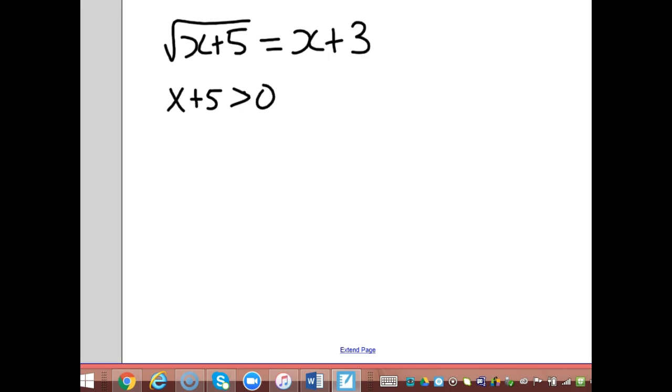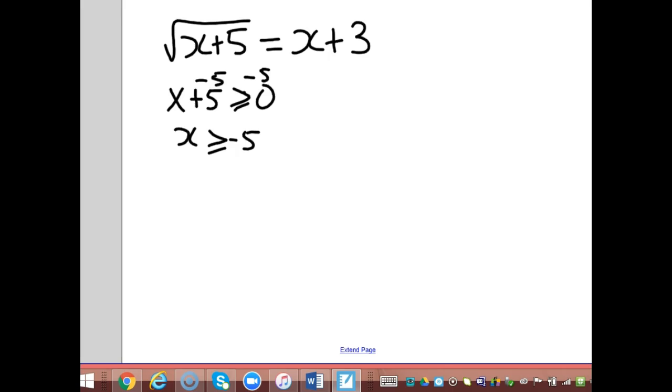Okay, so then if I solve this, I would have to say x has to be greater than or equal to -5. Okay, because if I put -5 in there, -5 plus 5 is 0, and that's okay. But anything like -6, -7, anything like that would make it a negative under the root. Okay, so this would be the non-permissible value, or the restriction.